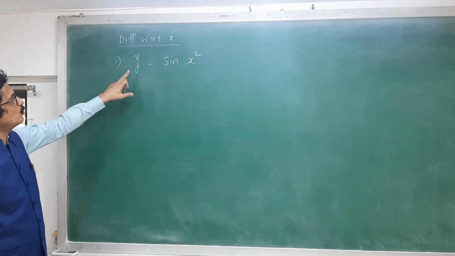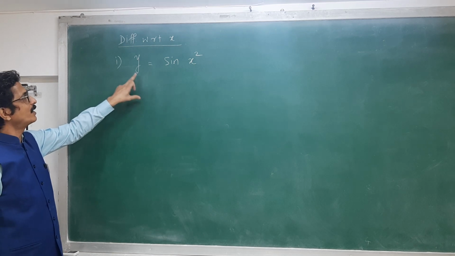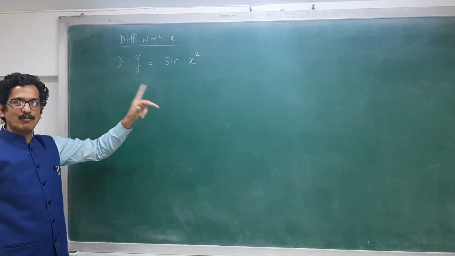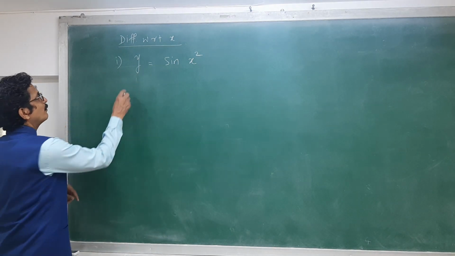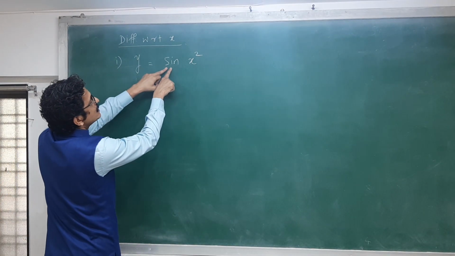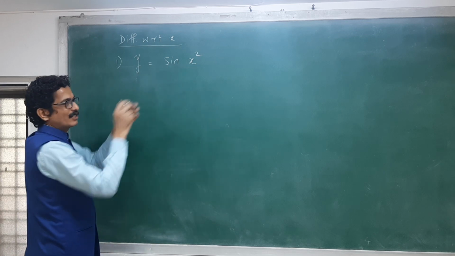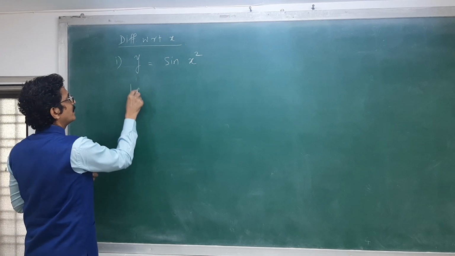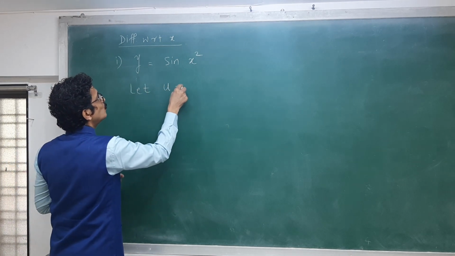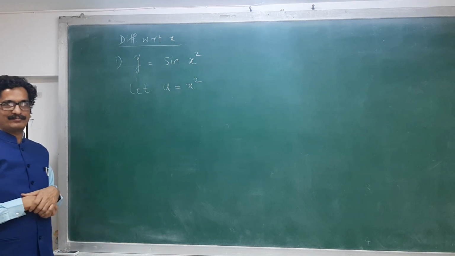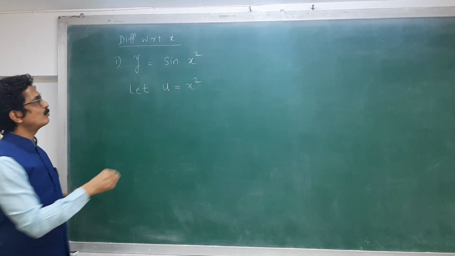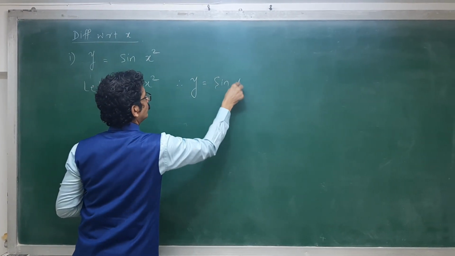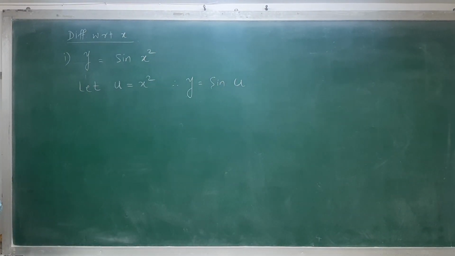Now, we will learn how to differentiate the given problem y equal to sine of x square, which falls under the category of composite function. Sine itself is a function, x square is another function, so this becomes a composite function. So what to do? Let u equal to x square. Therefore y becomes sine of u.